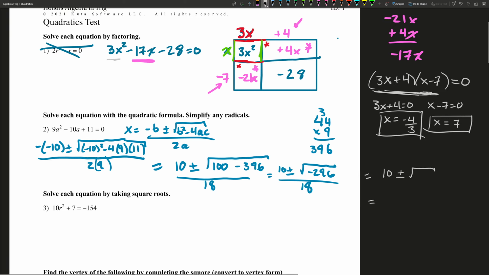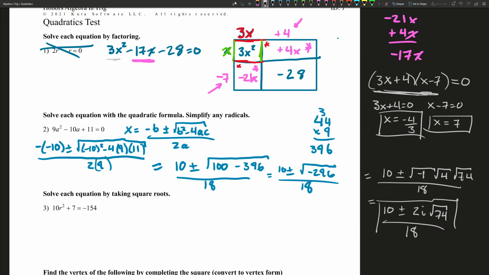So I'm still going to write this as -1, 4, and looks like 74, all over 18. So when we simplify this, we get 10 plus or minus 2i rad 74 all over 18. And for now, that's your best answer. 74, I don't think you can reduce, at least not easily. No, you cannot. All right, so then that's our answer.